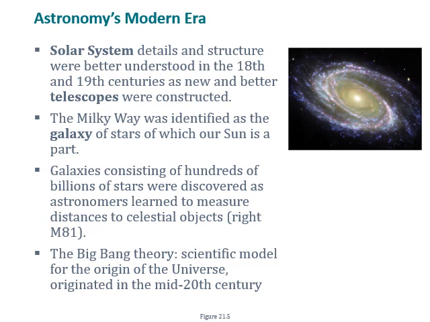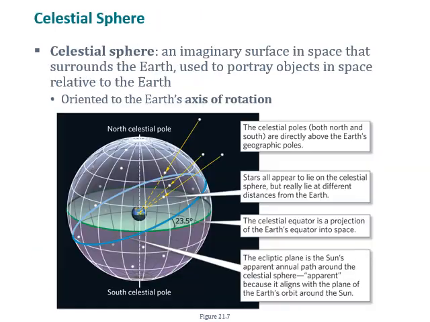The Big Bang Theory, which is a scientific model for the origin of the universe, originated in the mid-20th century. These points represent a general view of our modern understanding of astronomy.